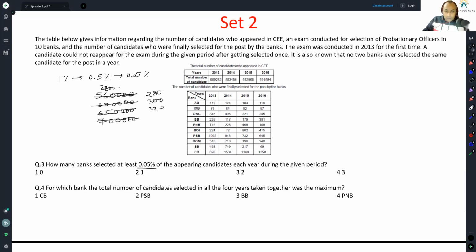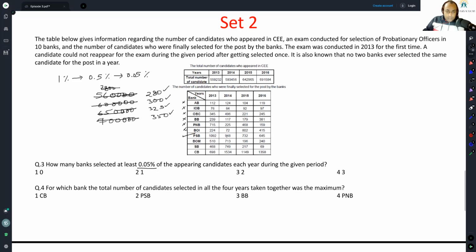AB, no. IOB, no. OBC fails in the 3rd year. First 2 years was nice, but no. BB fails in the 2nd year or 1st year itself. PNB, first year passes, 2nd year fails. BOI, 1st year fails. PSB passes 1st year, passes 2nd year, passes 3rd year, passes 4th year.